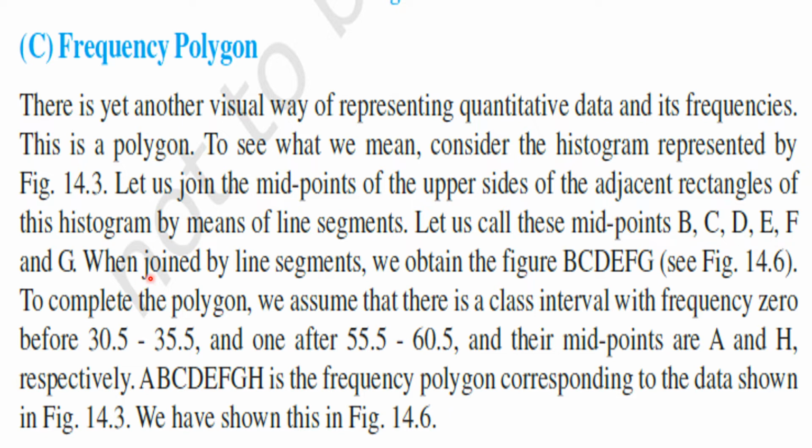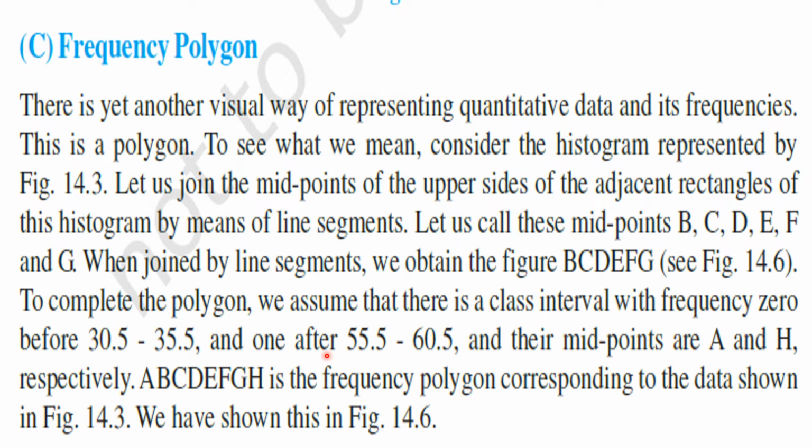Now we have to join. When joined by line segments, we obtain a figure B, C, D, E, F, G. To complete the polygon, we assume that there is a class interval with frequency 0 before 30.5 to 35.5, before the first class interval and after the last class interval.